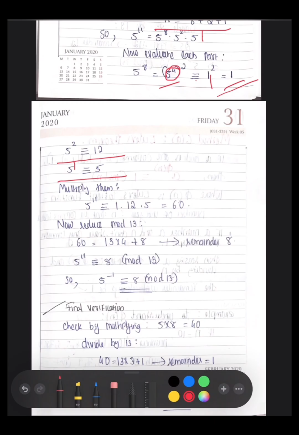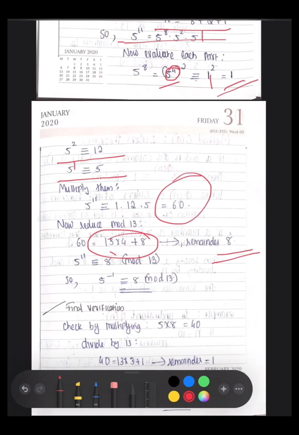Then multiply in our 5 raised to 11 equation. 5 raised to 11 is congruent to 1 times 12 times 5. The value becomes 60. Now reduce mod 13. Using the division formula, 60 equals 13 times 4 plus 8. The remainder becomes 8.